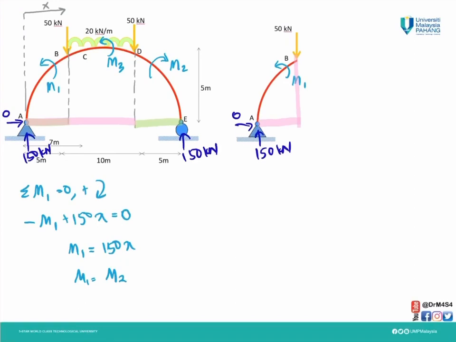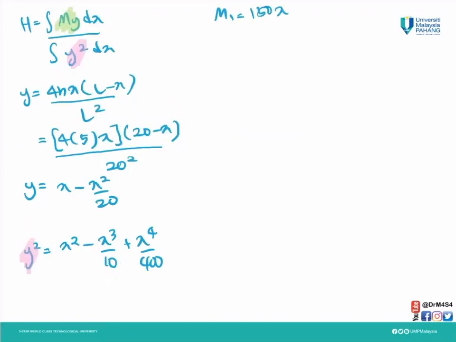So we have our M1 equal to 150x. So we can get the equation for M1y as 150x times y. We know our y, x squared divided by 20. So expand that, we have M1y.